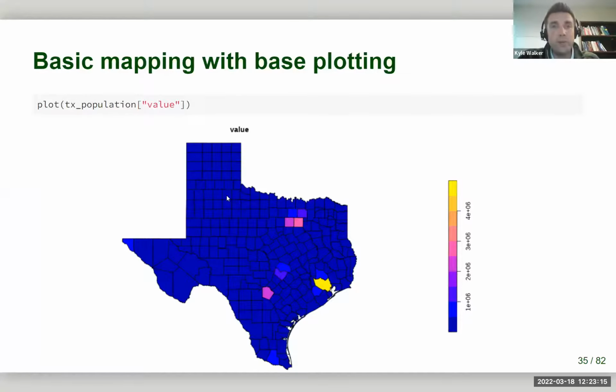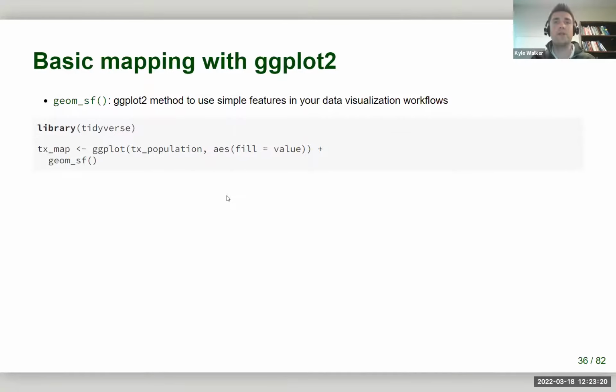There are a lot of other ways that we can map out census data, and a very popular package available for visualization, which we covered extensively in last week's workshop, is ggplot2. And ggplot2 can make maps of simple features objects pretty seamlessly.